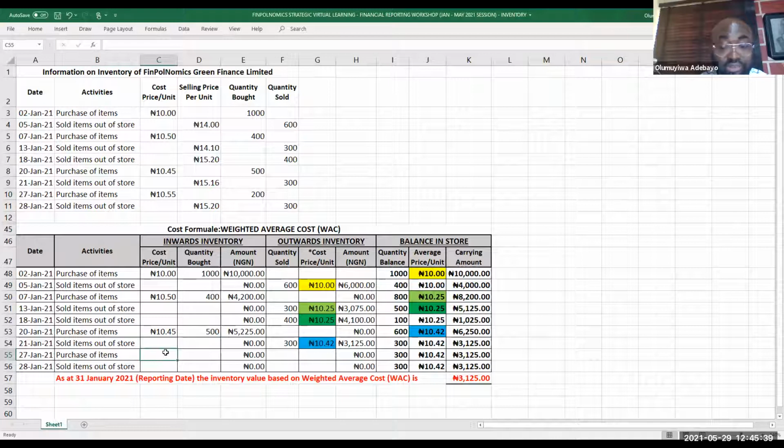And on the 27th, I purchased the last batch at 10.55 kobo. How many quantity? 200 in all. And on the 28th of January, I sold 300 quantity and the last weighted price is 10.47 kobo.